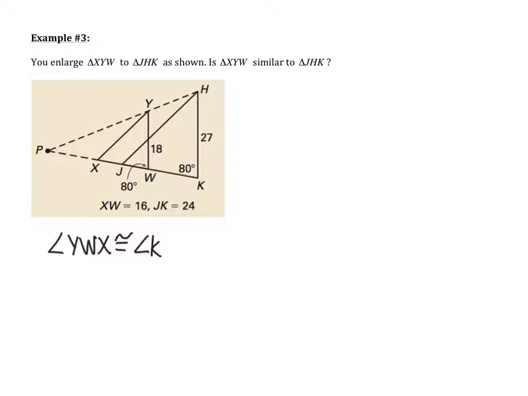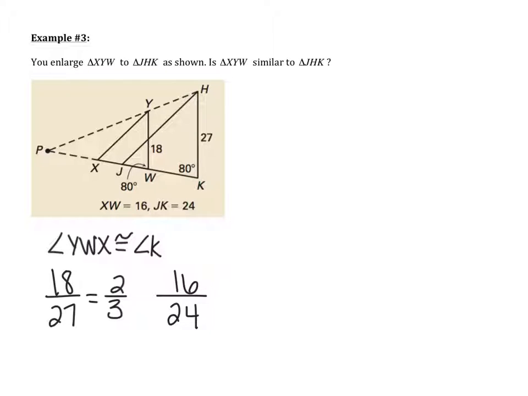So now if I was going to use side-angle-side, I need to show that this side over this side is equal to this side over this side. So first let's do 18 over 27, which in lowest terms is 2/3. And then let's do XW over JK, and we can see we have those units down here. So we would have 16 over 24.